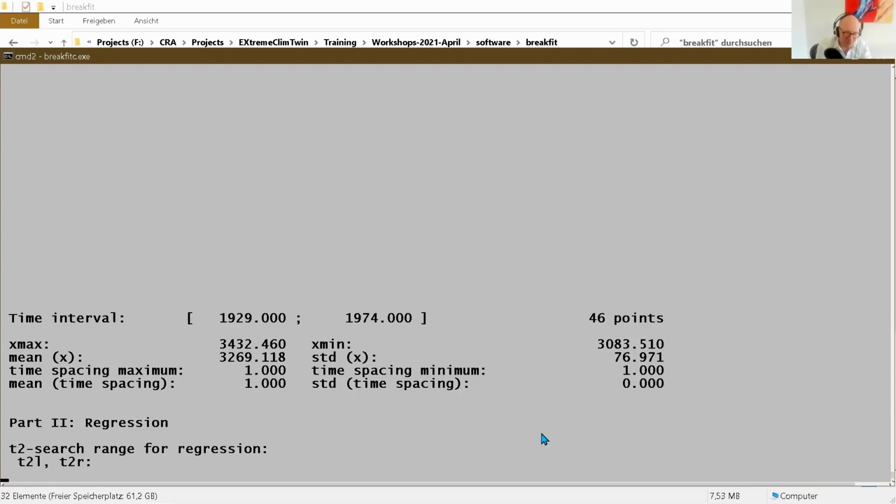Therefore, I also programmed a method here to make it easier. I can type in a very small number, 1 maybe, and then this automatically takes the minimum of the time interval, because 1 is less than 1929. And for the second, I take a very big number, and then it automatically takes the maximum. So this is what is automatically being done.